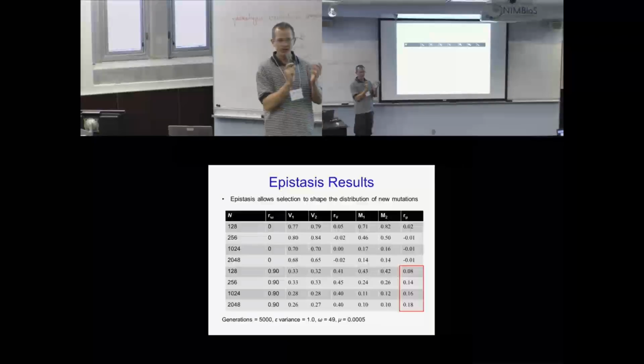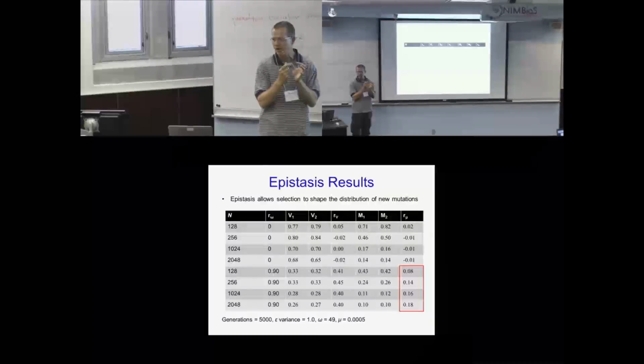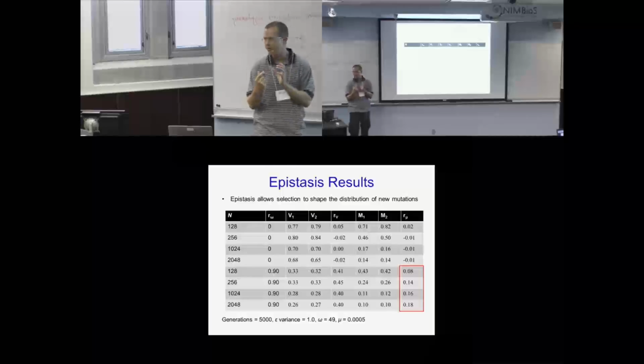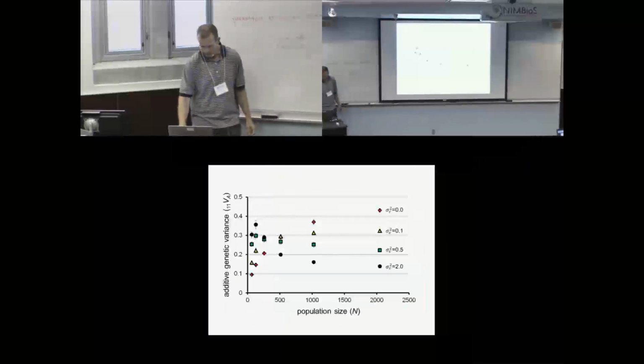So what's happening is the M matrix evolves somewhat weakly. Selection on it is very weak because mutations don't occur that often, but it evolves to become oriented with the selection surface, right? So now you have a mutational architecture that's compatible with that selection surface that's acting on the phenotypes.